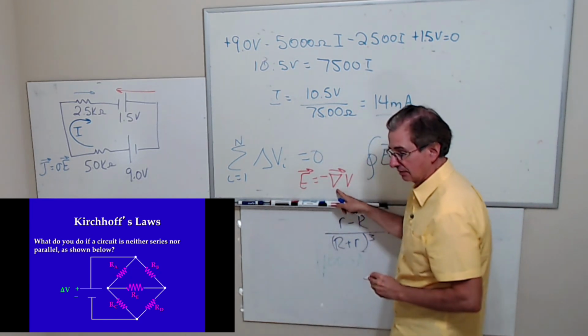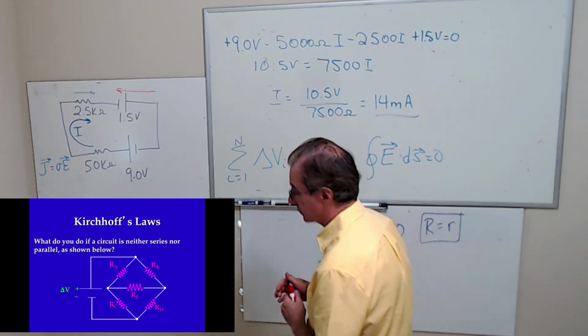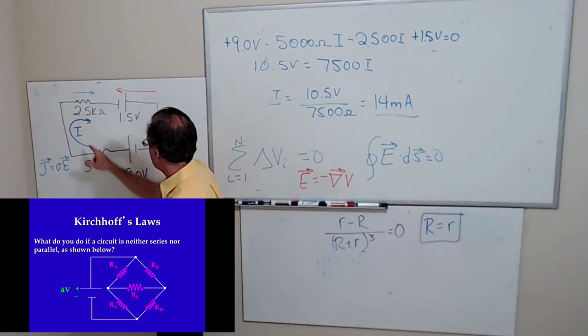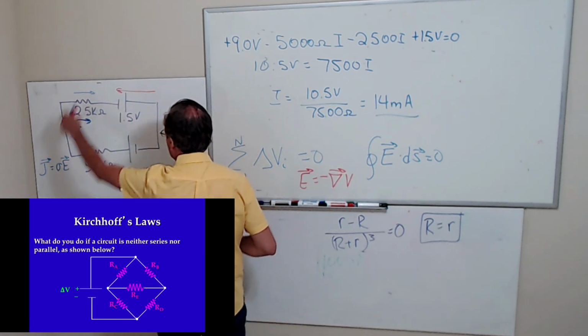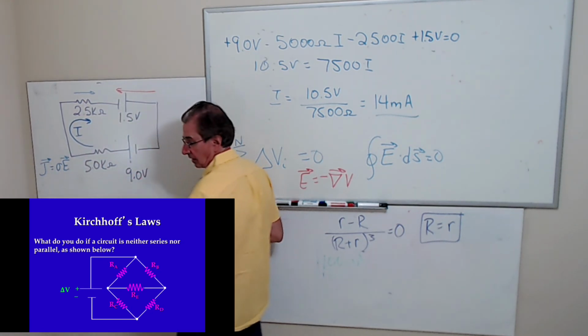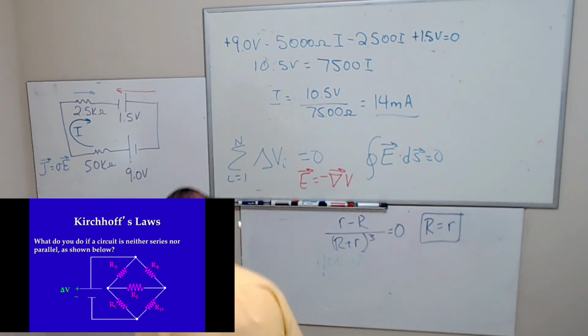That would change all the signs. So it'd make this positive, and this positive, and this negative. Because then if I go counterclockwise, I go from positive to negative. It's a drop. I would just be going against the electric field if I went counterclockwise.